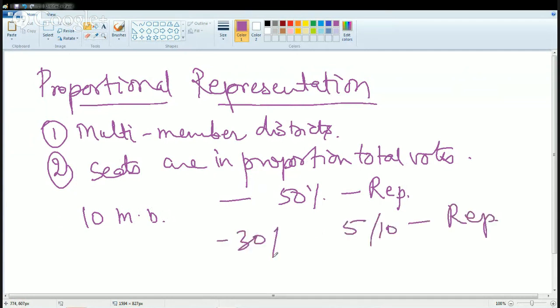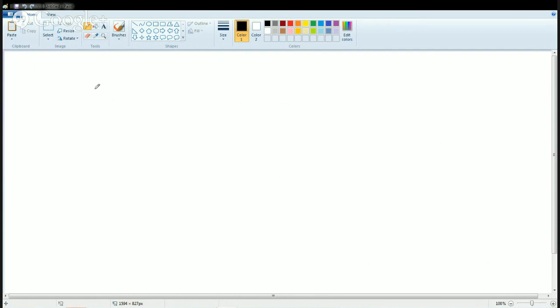If I say 30% goes to Democrats, that means 3 of the 10 seats would go to Democrats. So this is the most fundamental thing we need to understand about proportional representation, that seats are in proportion to the total votes, and there should be a multi-member and not single-member district or constituency to work out proportional representation.